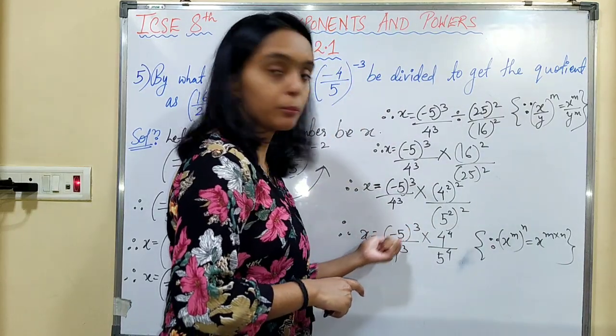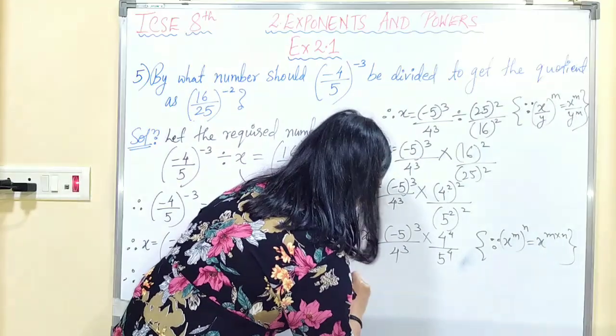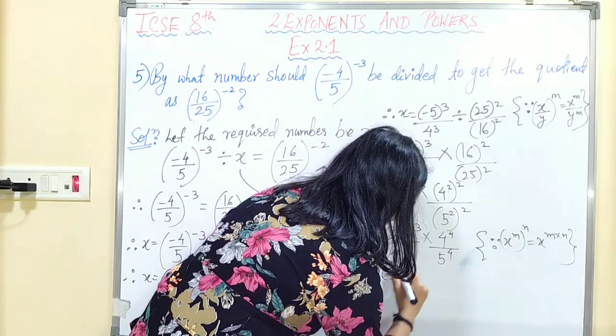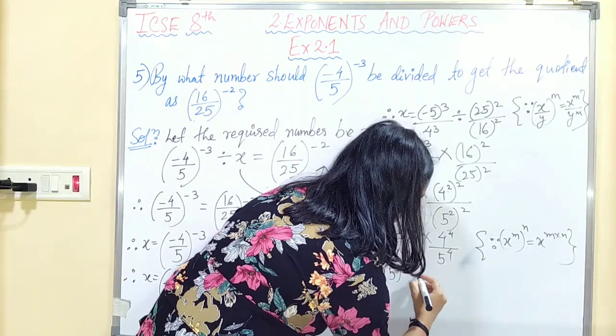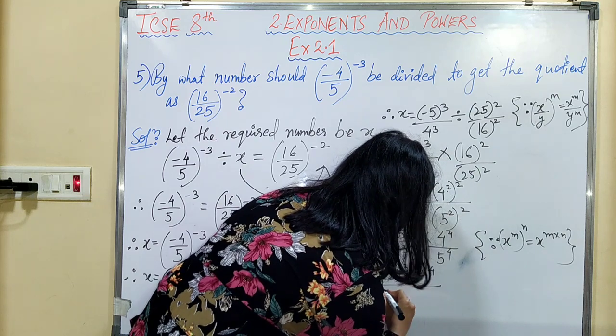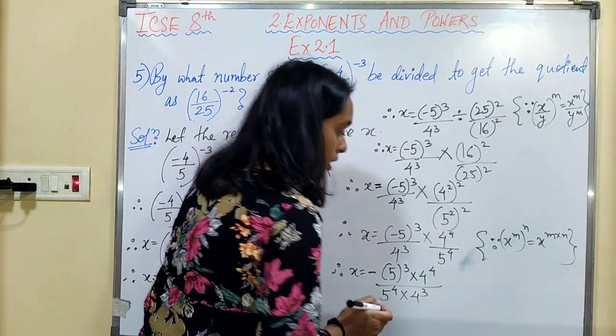Here minus is there. Minus ka cube will be in minus only. So therefore x equals minus of 5 cube multiplied by 4 raised to 4 upon 5 raised to 4 multiplied by 4 cube. Okay.